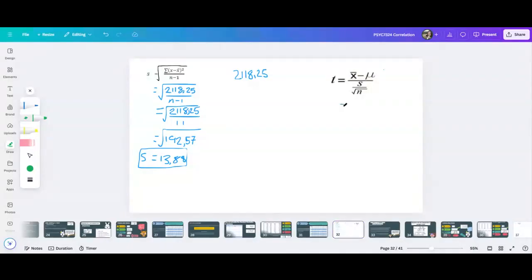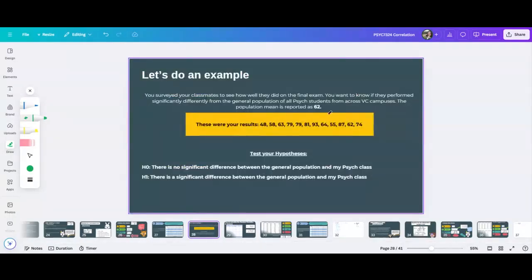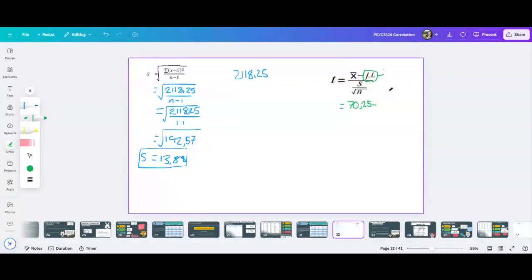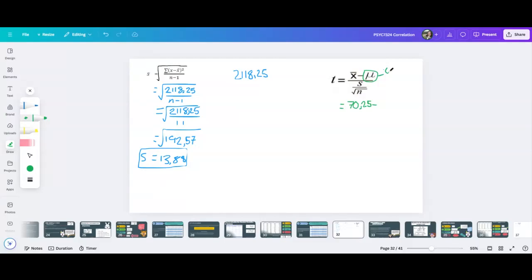So we'll just go ahead and pop that there. Never forget the decimals, especially if they're given to you, because it will affect your answer at the end. Now we need to know that population mean that we're comparing it to, and I think it was 62. Let me just check. Yes, that was given.